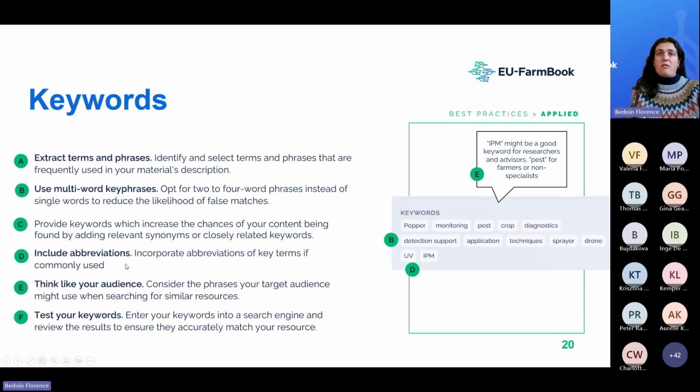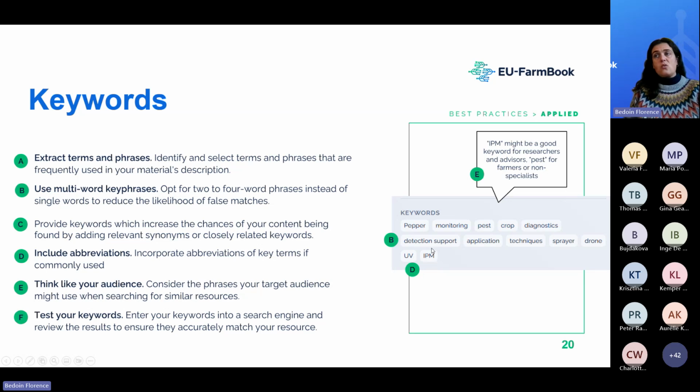Some people are very used to certain abbreviations, so you can add them, but you can also add the total term. So here there is both UV and IPM, but do people really know what IPM is? Maybe some do, but some might search for pests.